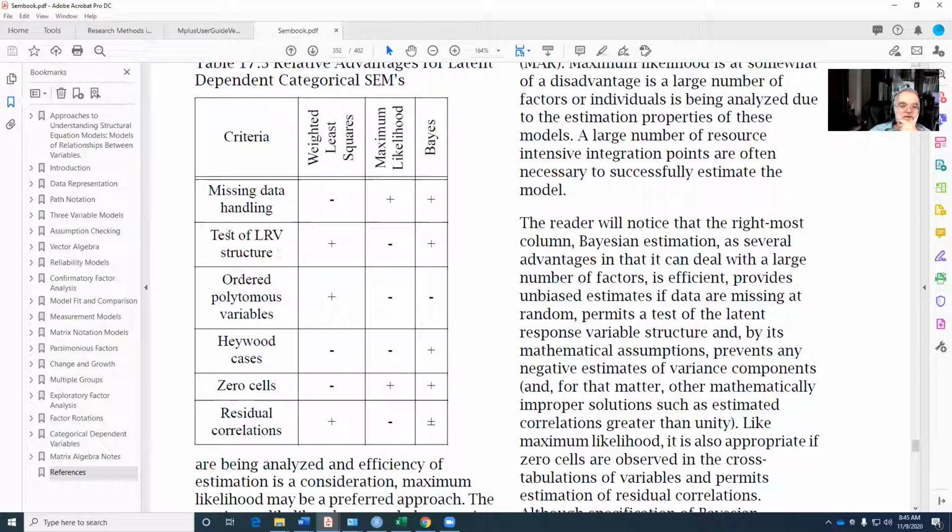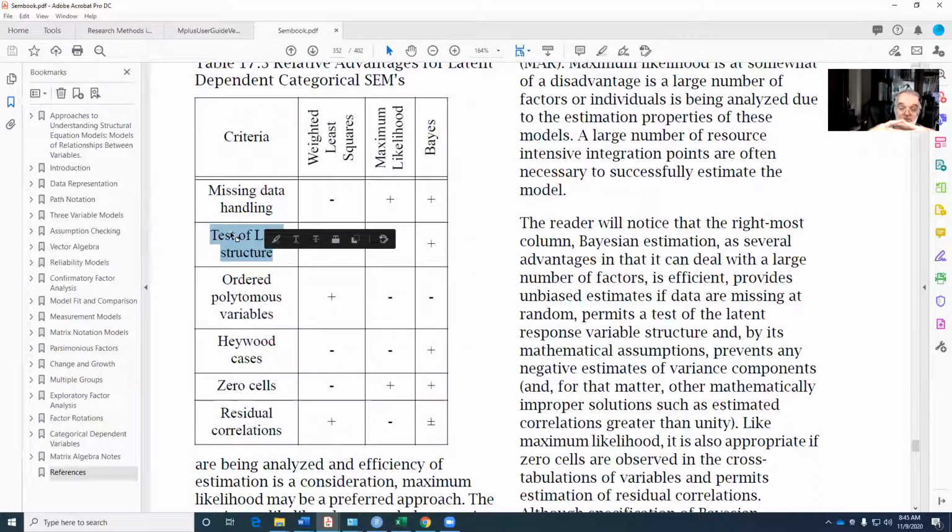Now, as I mentioned before, missing data is a little bit nicer in maximum likelihood and Bayes. And you can also, to some extent, test the latent response variable structure. That is, I can play in models that permit it.